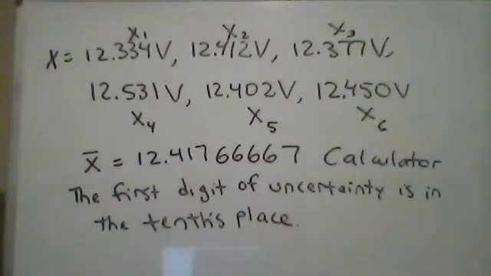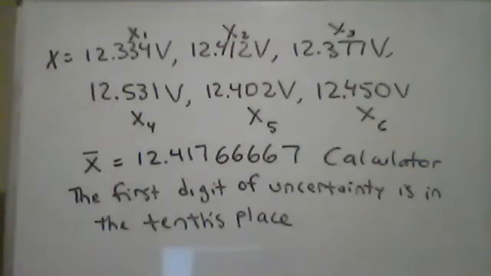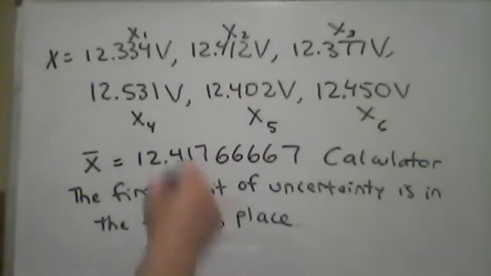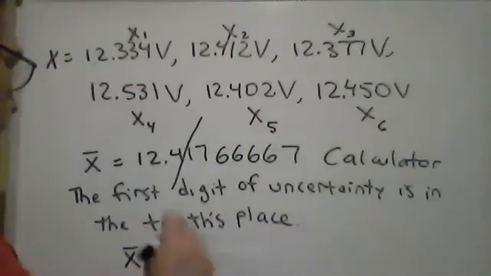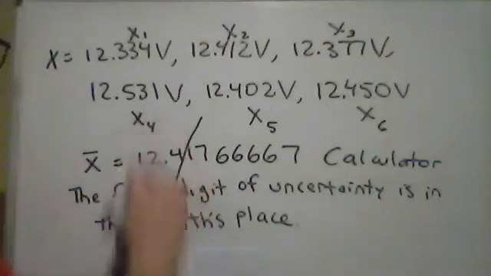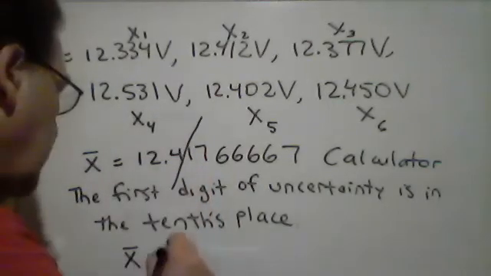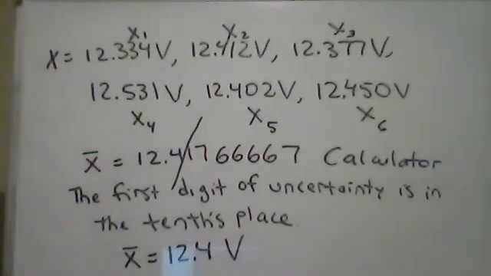I am not solid until one place after the decimal. I already have uncertainty there, which means my data is no better than that, so I truncate right here. The next digit is 1. It's not greater than or equal to 5, so I can't promote the 4. So my data is as good as 12.4 volts. I can't say anything better than that. My average value is 12.4 volts.